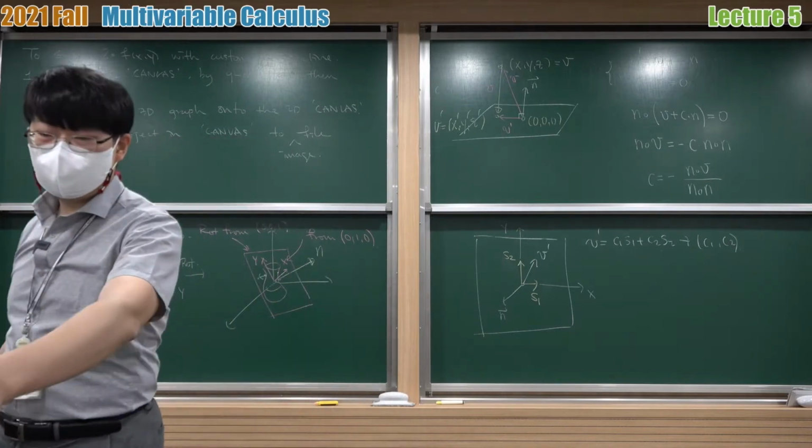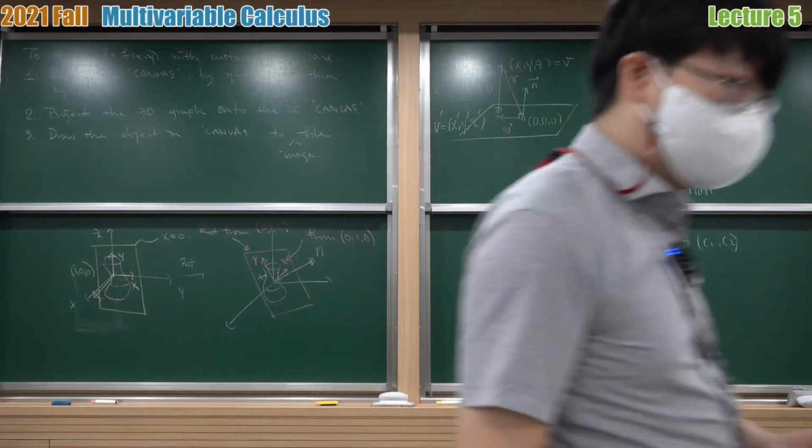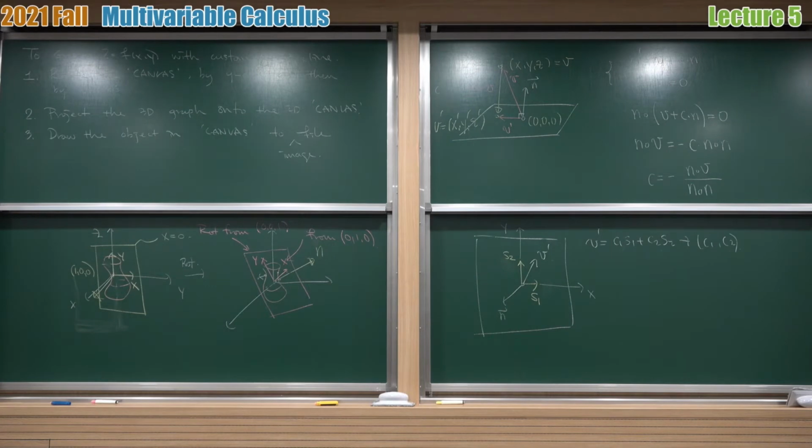So let me ask another student. How are you going to find C1 and C2 in that case? I didn't actually understand. Which part didn't you understand?